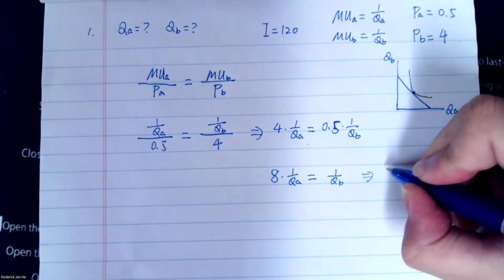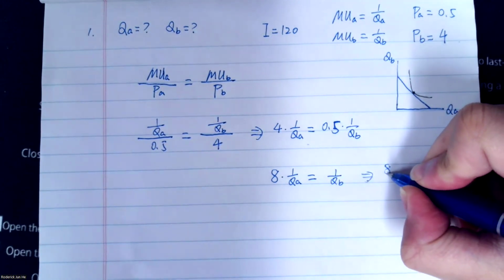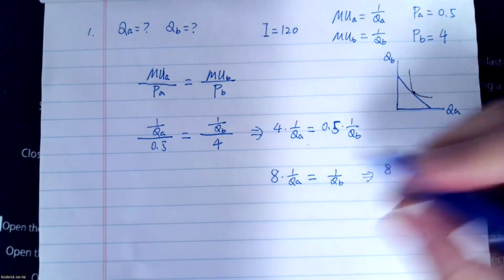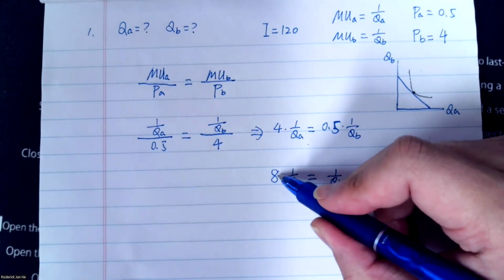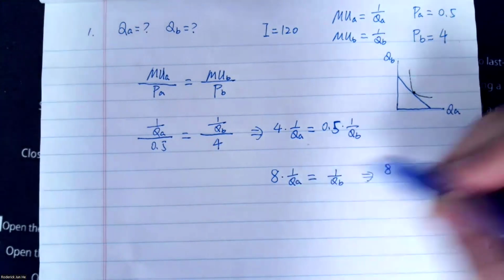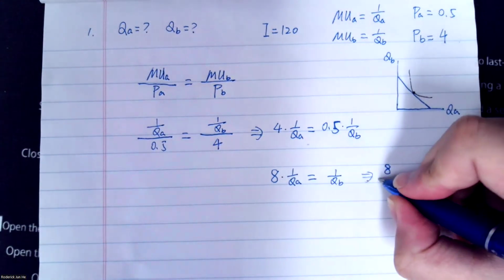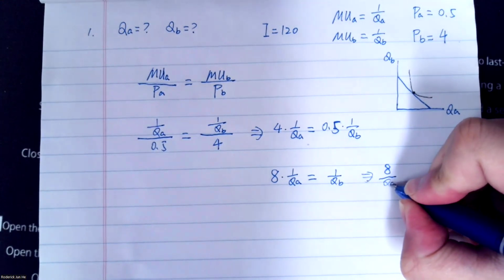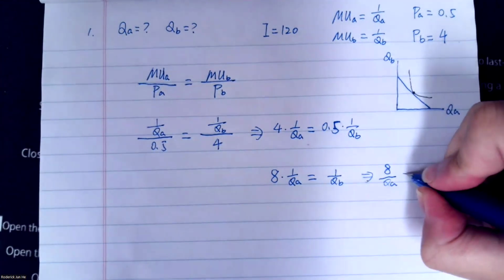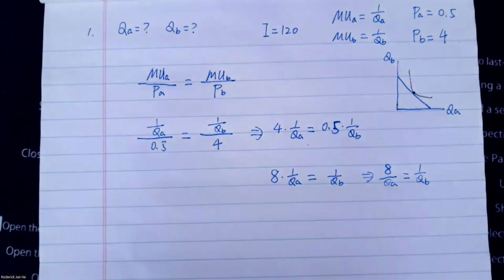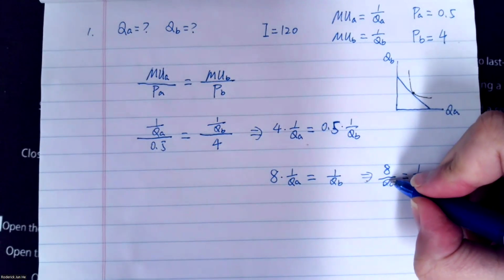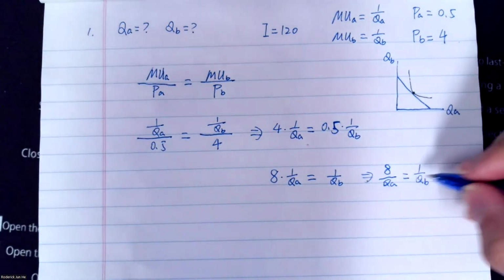Or we can rewrite that as 8 times the numerator, which is 1 over QA, equals 1 over QB. And then here we have this fraction equal to fraction.